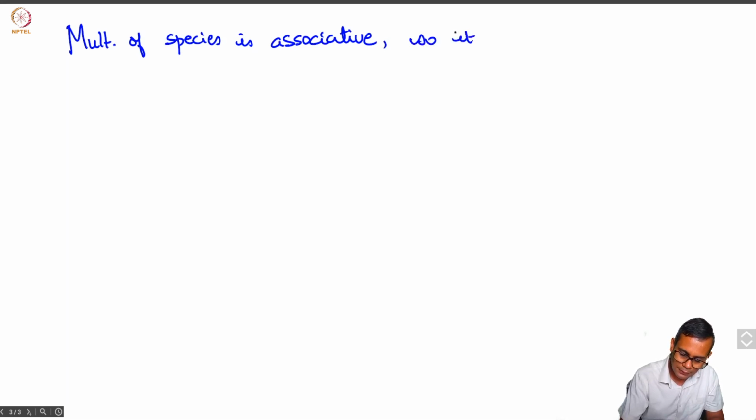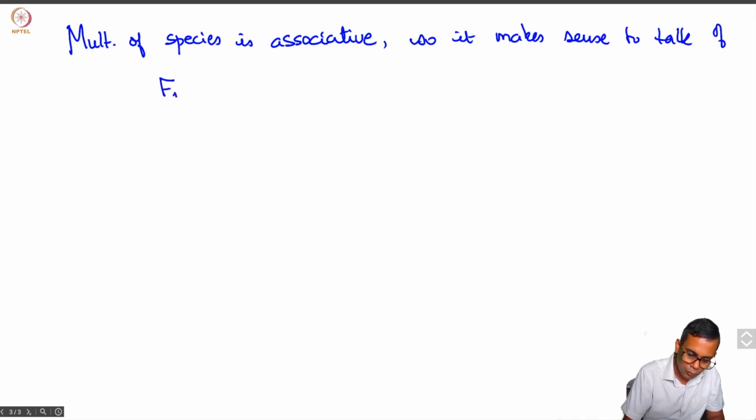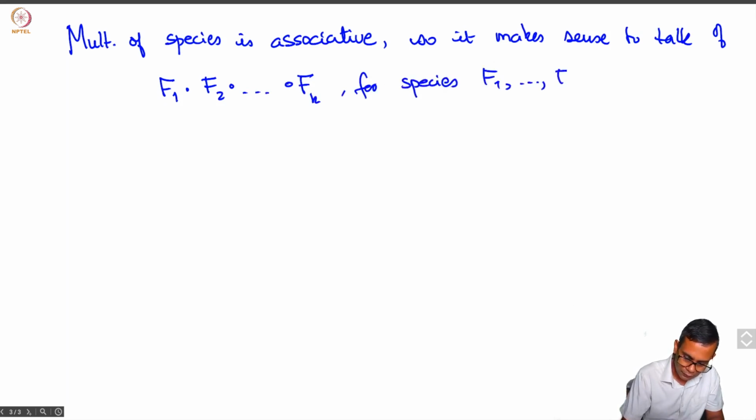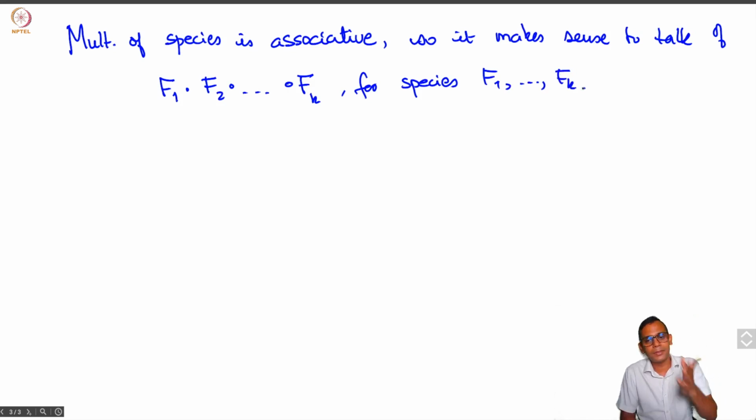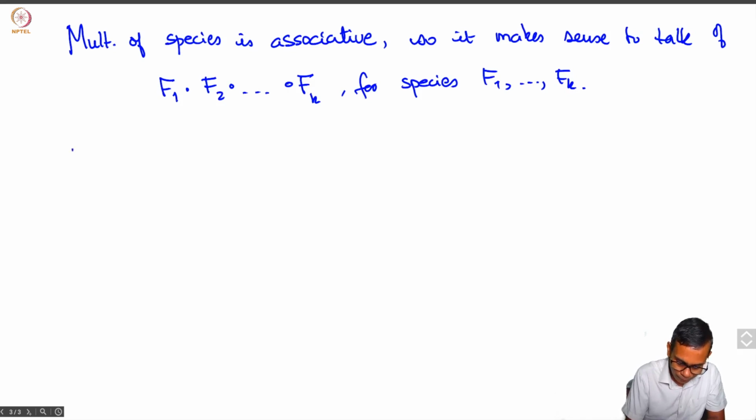So it makes sense to talk of f1 dot f2 dot fk for species of structures f1 through fk. So we can talk about arbitrary finite products of species, and if you think about it a little bit, the definition amounts to the following.